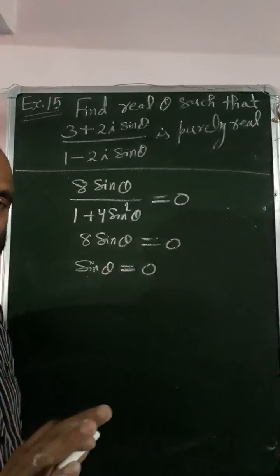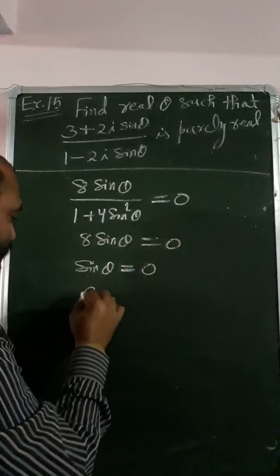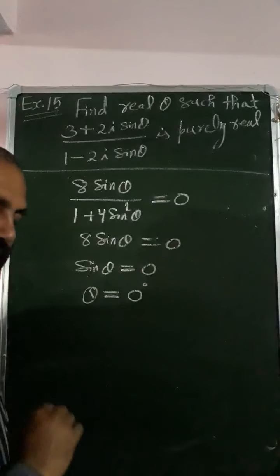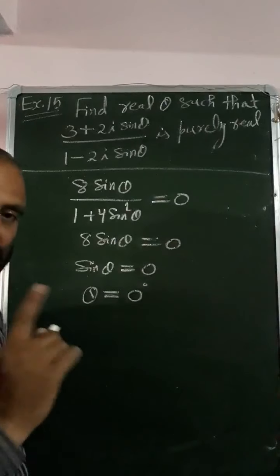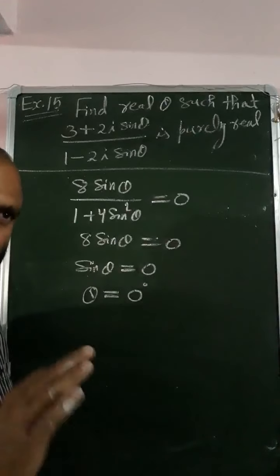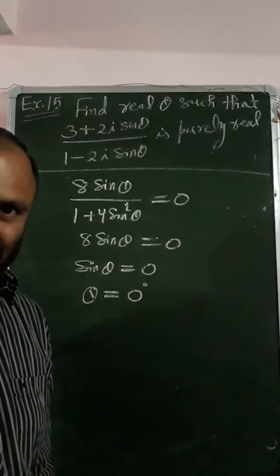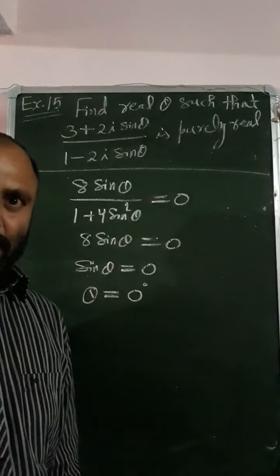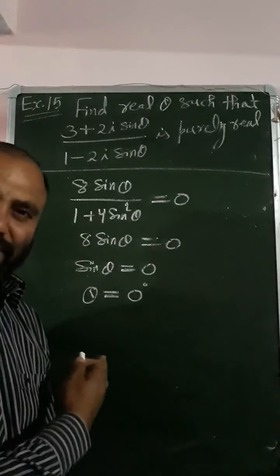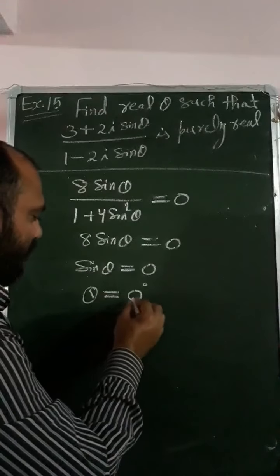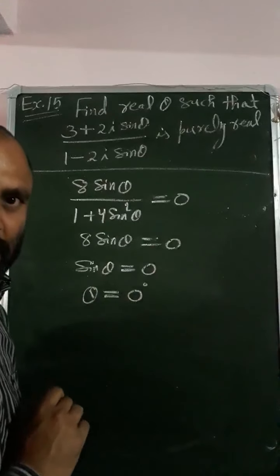So as you know, the value of theta is 0 degree, right? Sin 0 is 0, you know. But in plus 1 we will discuss the general solution in the third chapter. There are so many values of theta, so I am taking only one value, that is 0 degree.